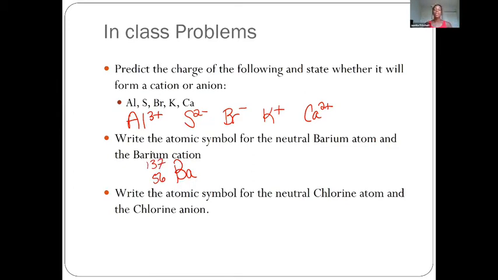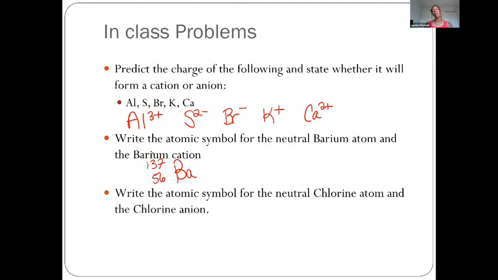Now, if we're dealing with the cation, we have to take a look at what group barium is found in. Barium is a group 2 metal, and so we would expect that it's going to kick out electrons to get to that closed shell configuration. So if I have 2 electrons I have to kick out, that means that when I lose those 2, the overall charge would become a positive 2.